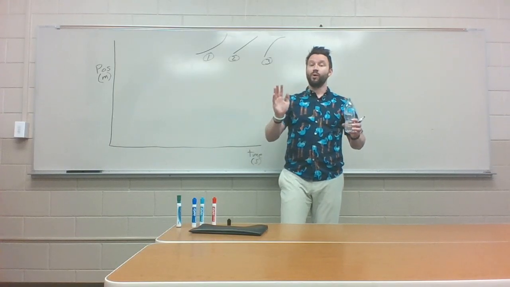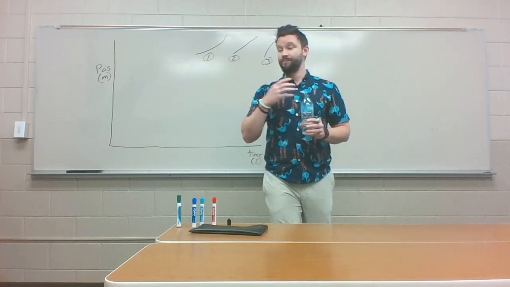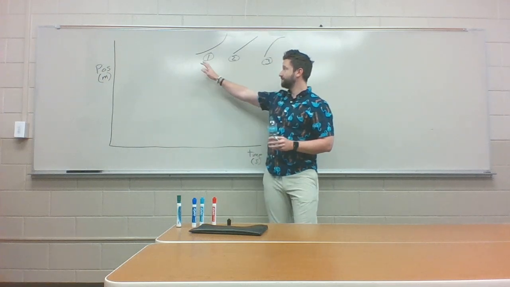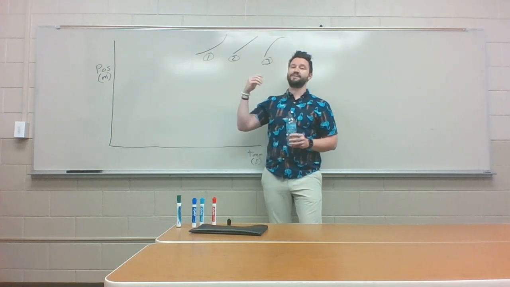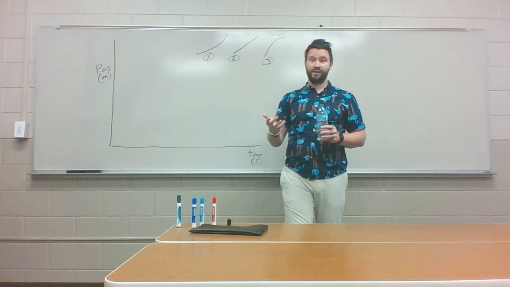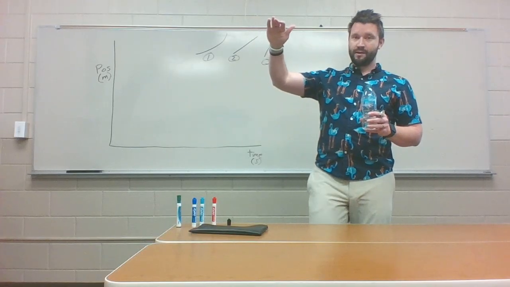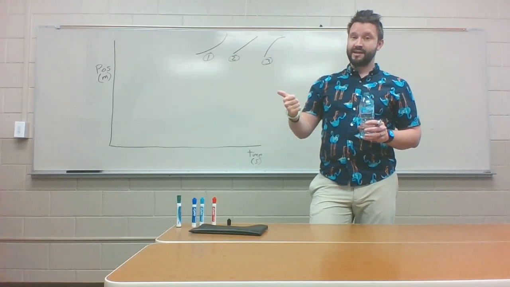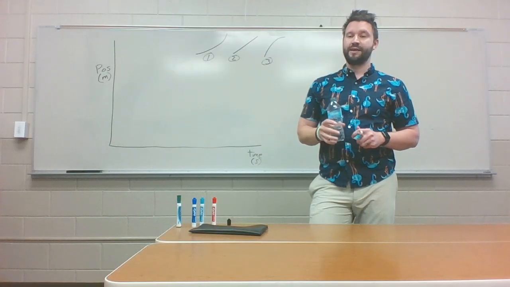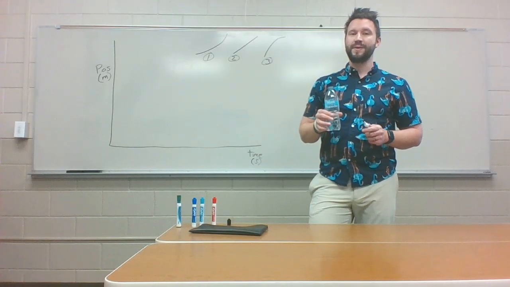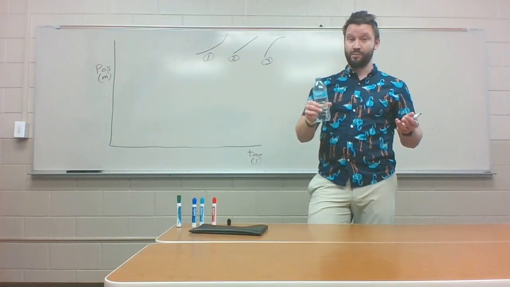Fancy. What that means for us is it is going to represent something that is speeding up. So line number 1, getting steeper, the slope is increasing, and it represents something that is picking up speed. So it's getting faster as it moves.